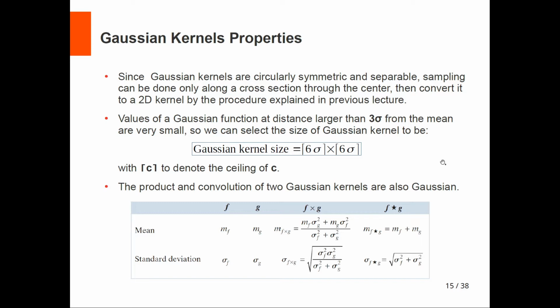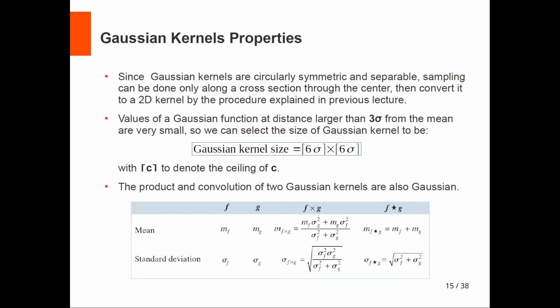So if you want to define a kernel with sigma of 3.5, the maximum size that we can have without having any significant effect, since we eliminate some of the Gaussian values, is 6 multiplied by 3.5, or 21 by 21 pixels.